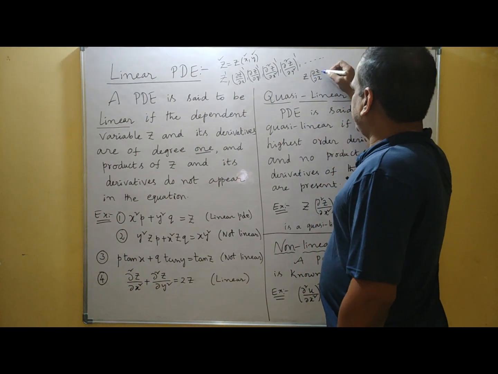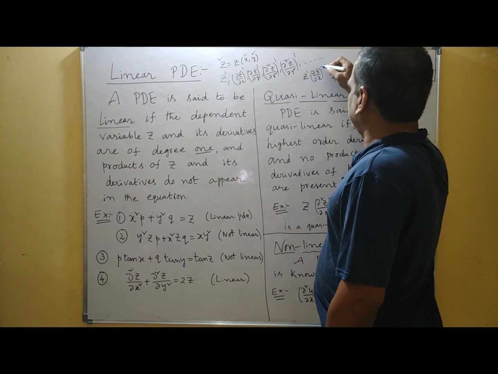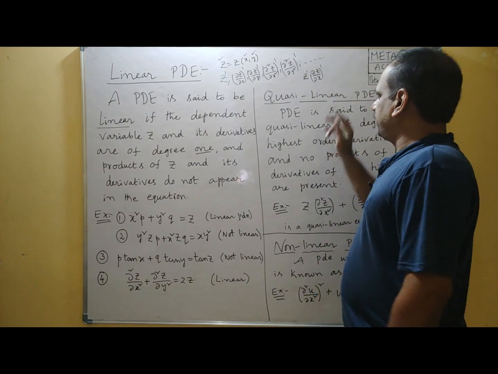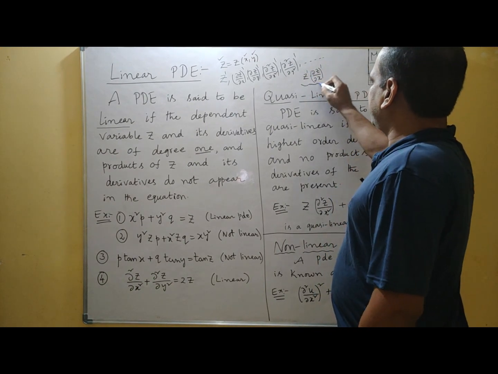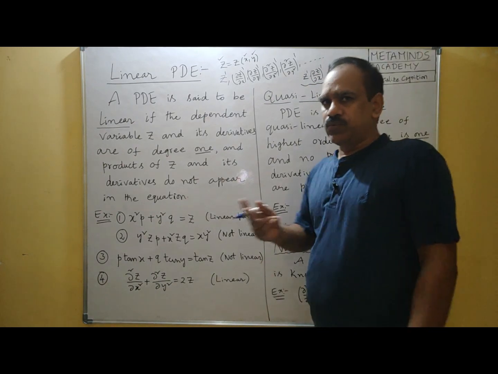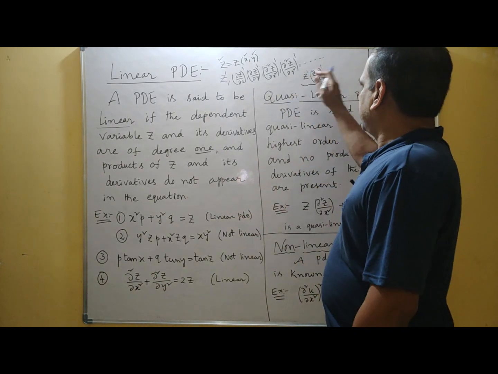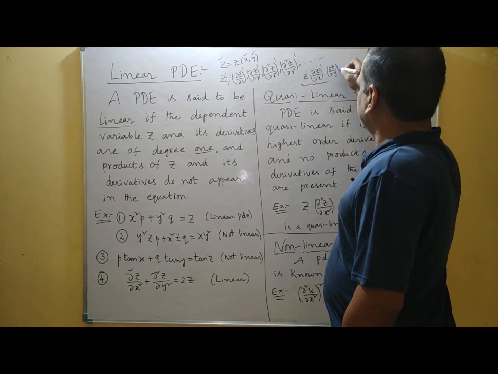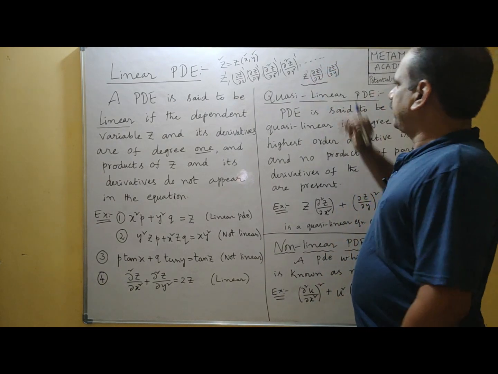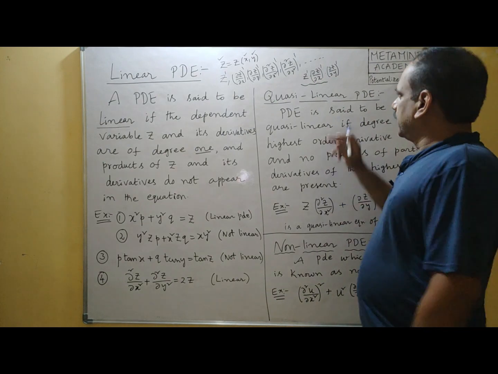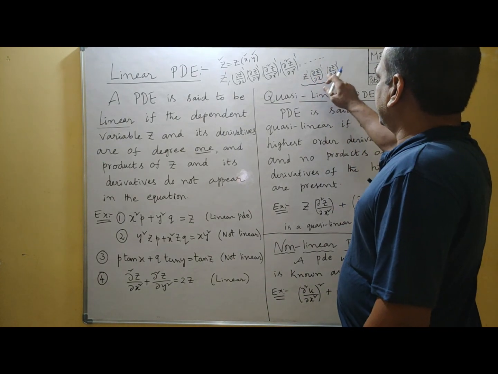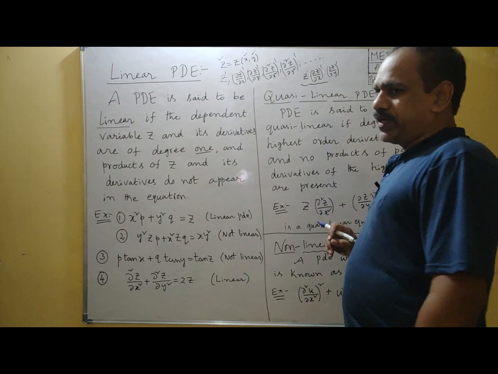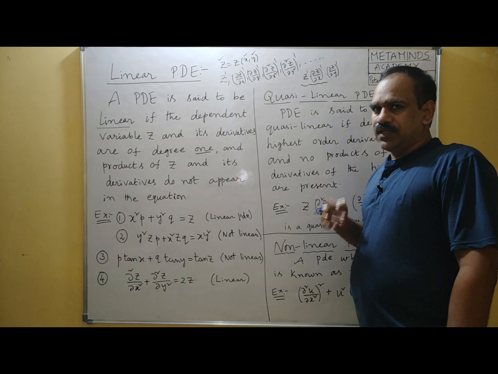Right? What happens? Here the degree of z is 1, the degree of dou z by dou x is 1. Because of the product, the degree of the term becomes 2, 1 plus 1. If you write one more derivative like dou z by dou y, z into dou z by dou x into dou z by dou y, then you have 3 dependent variables in the product, so the degree becomes 3.